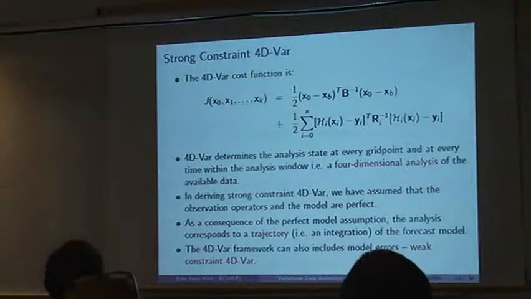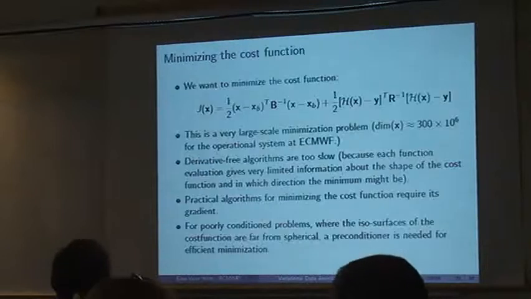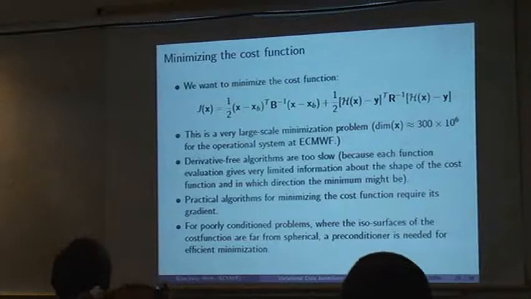And this trajectory, that is the integration that we have in this time frame, is what we call the trajectory. Now, basically what you've got, if you want to go practically forward, is a very large-scale minimization problem.